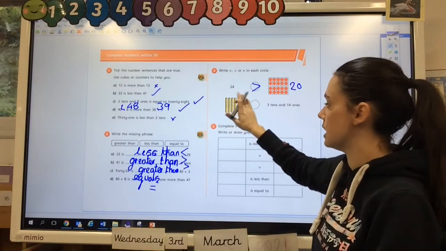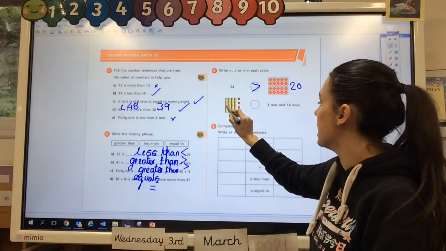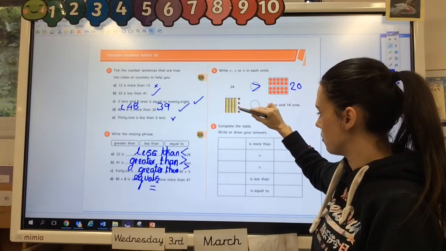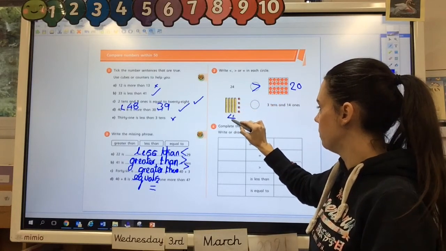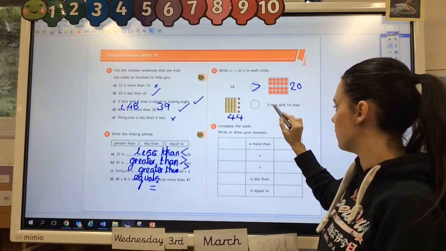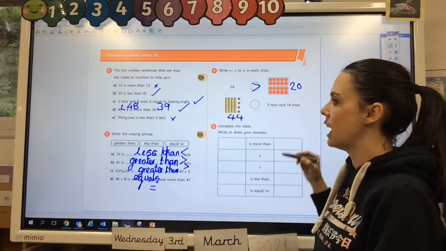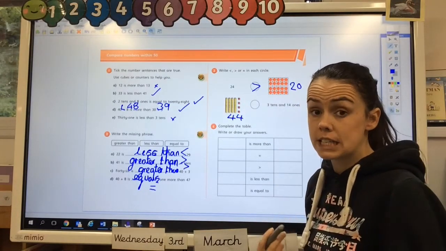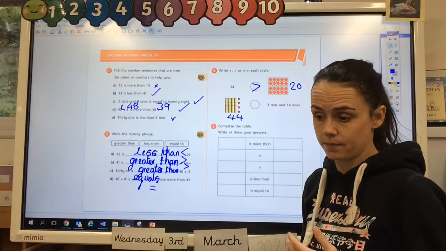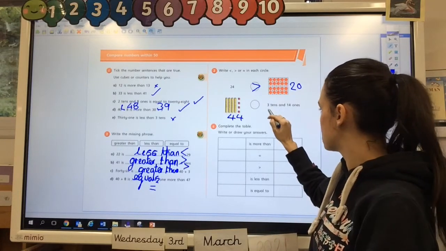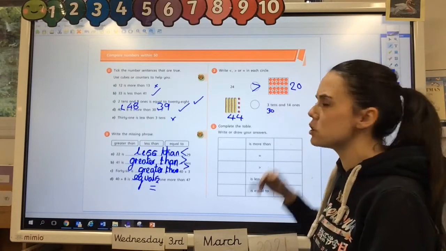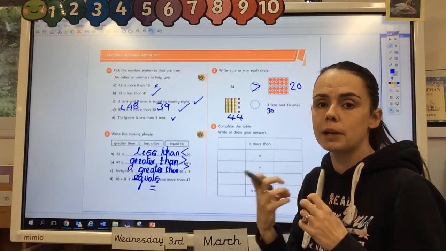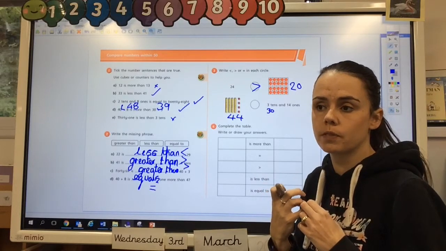Now, what numbers here? We've got 10, 20, 30, 40, 41, 42, 43, 44. So 44 is something to 3 tens and 14 ones. So 3 tens we know is 30. So that's 30 here. But what's 14 ones? Well, let's separate 14 out. How many tens are in 14? 1 ten.